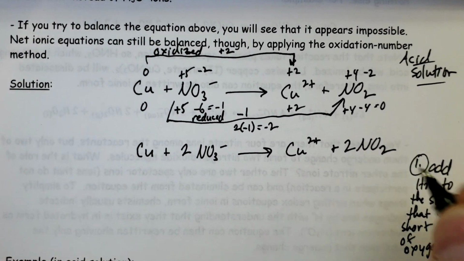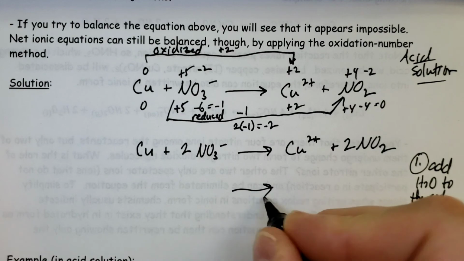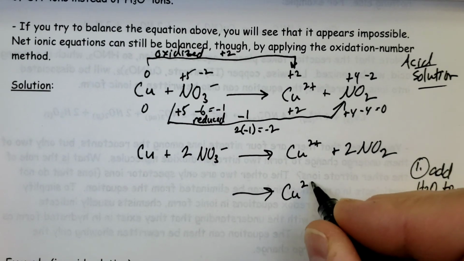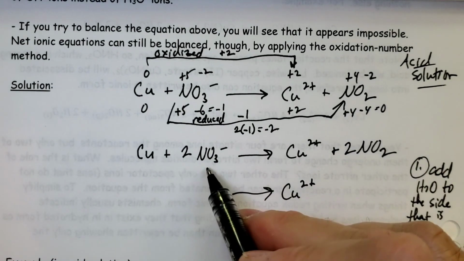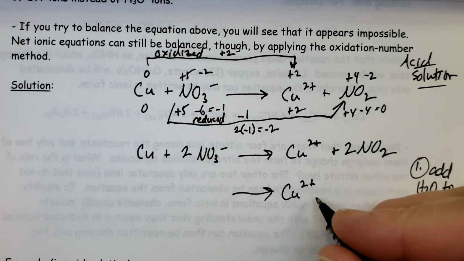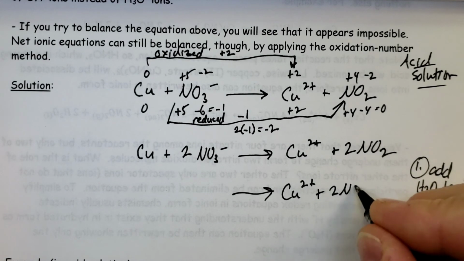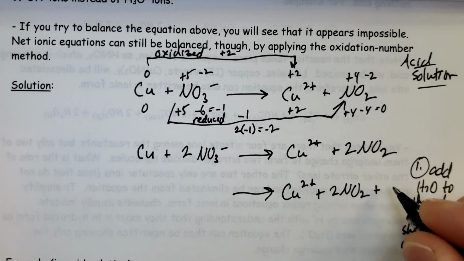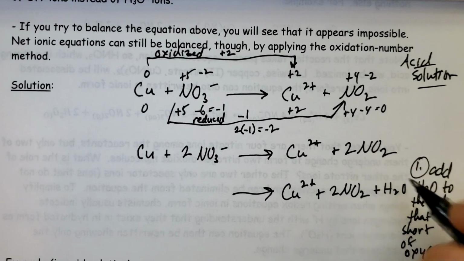Okay, so we're going to add water over to this side because this is where we're short, right? 6, 4. So I'm short 2 oxygen atoms. So I'm going to add water to this side in the amount of 2 to give me the 2 oxygens that I need.